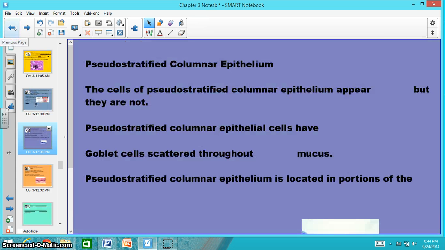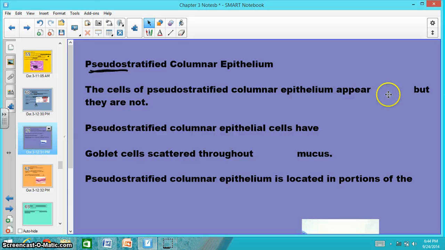And our last type of epithelium is pseudostratified columnar epithelium. And pseudo, if we look at that word, means false, or fake. So this type of tissue looks like it's stratified. It looks like it's made up of multiple layers of cells, but it's actually not.